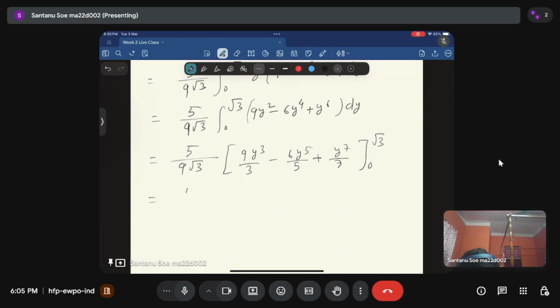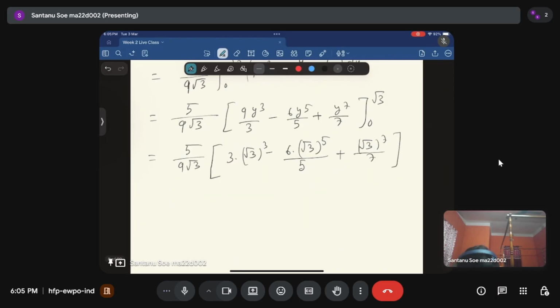So 5 divided by 9 root 3, 3 into root 3 cubed minus 6 times root 3 to the power 5 divided by 5 plus root 3 to the power 7 divided by 7.